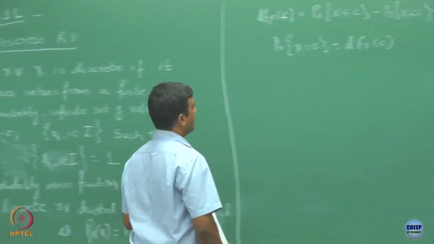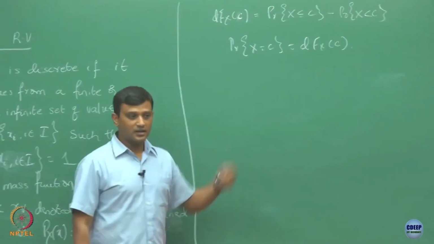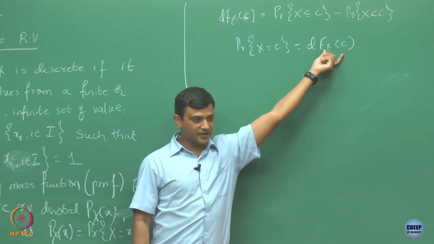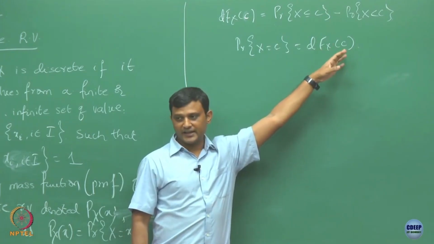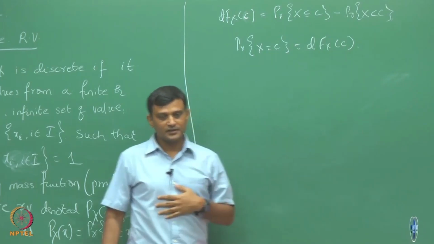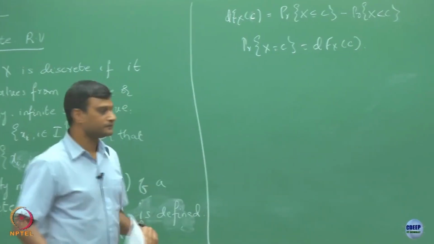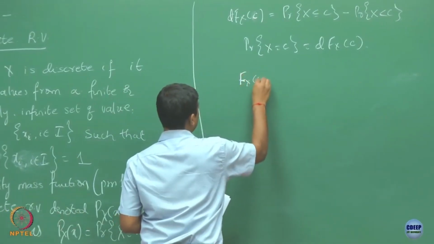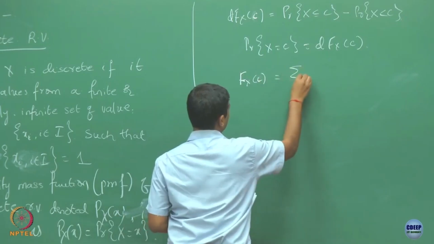So what I have now expressed is my probability mass function in terms of my CDF, right? So do you think I can express my CDF in terms of the probability mass function? How is that? So F of x at c, how should it be?